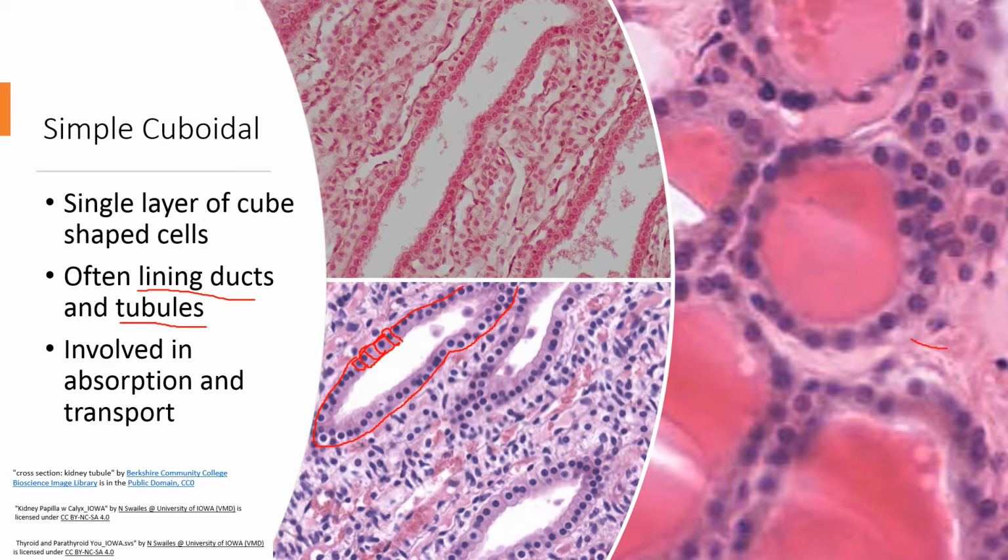This is from the thyroid, and again, this is a simple cuboidal epithelium. It's important in delivering thyroid hormone to other parts of the body. And then this is in the kidney as well. So again, you can see these small cuboid cells tightly packed together, lining this duct.